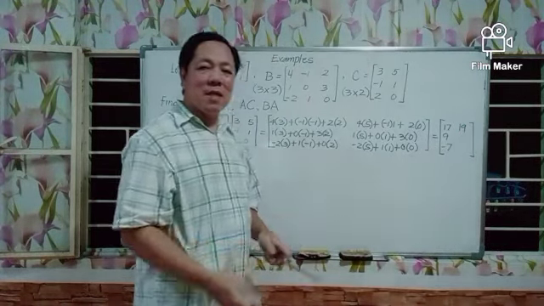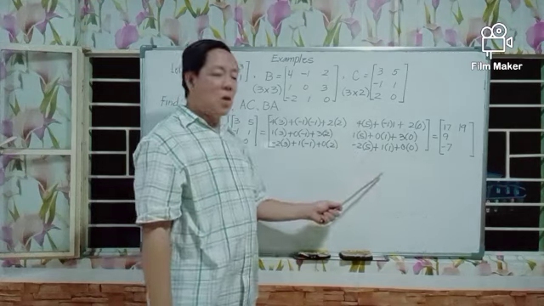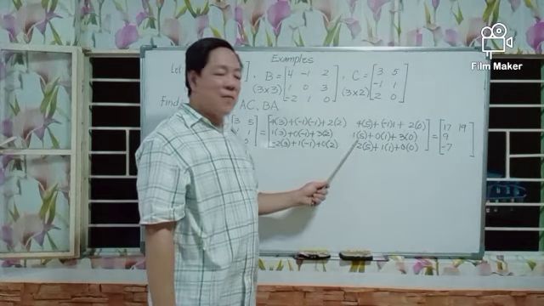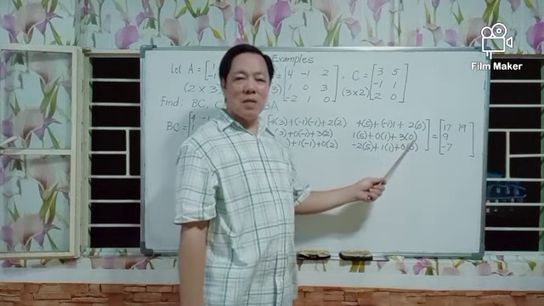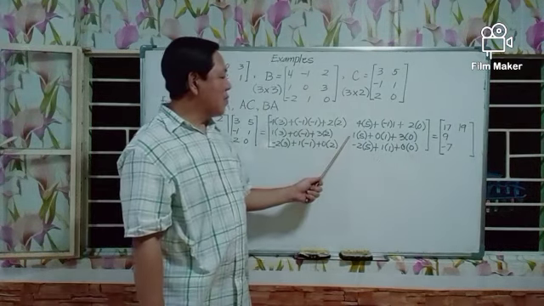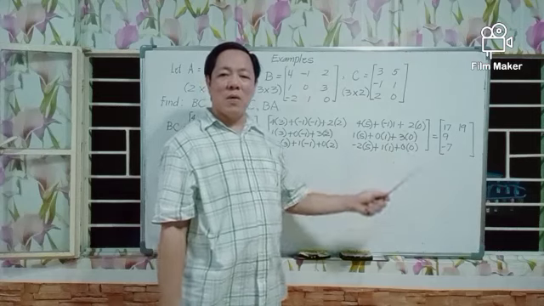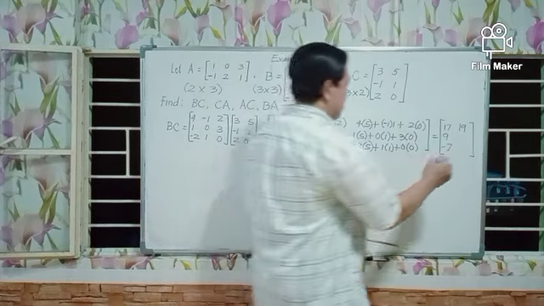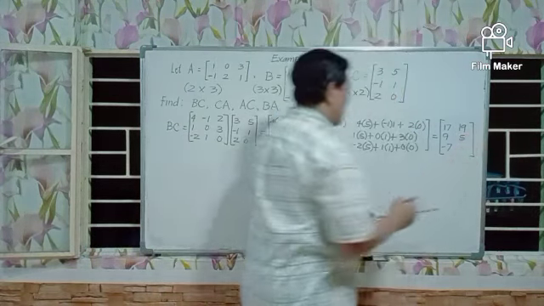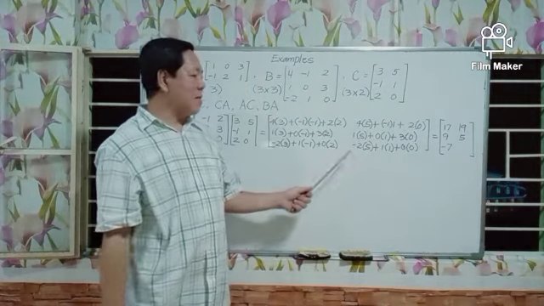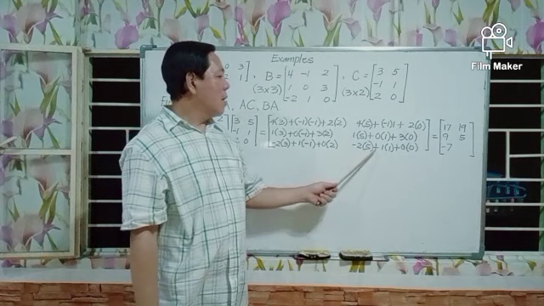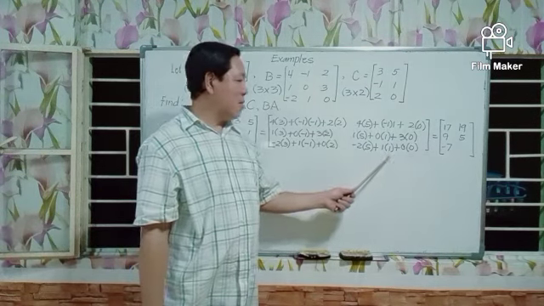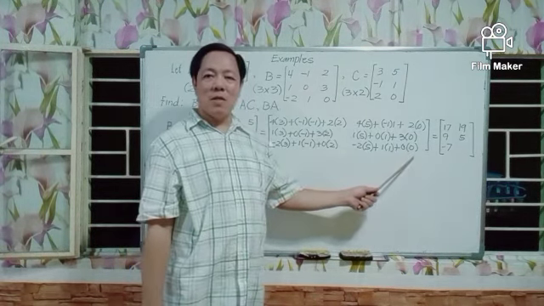The next entry in the second column: 1 by 5 is 5, plus 0 by 1 is 0, plus 3 multiplied by 0 is 0. Thus we have 5 plus 0 is 5. And the last entry in the second column: negative 2 by 5 is minus 10, plus 1 by 1 is 1, plus 0 by 0 is 0.